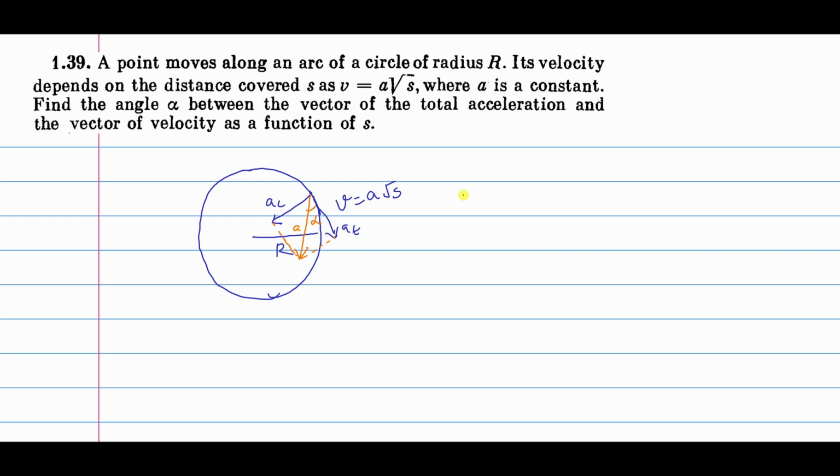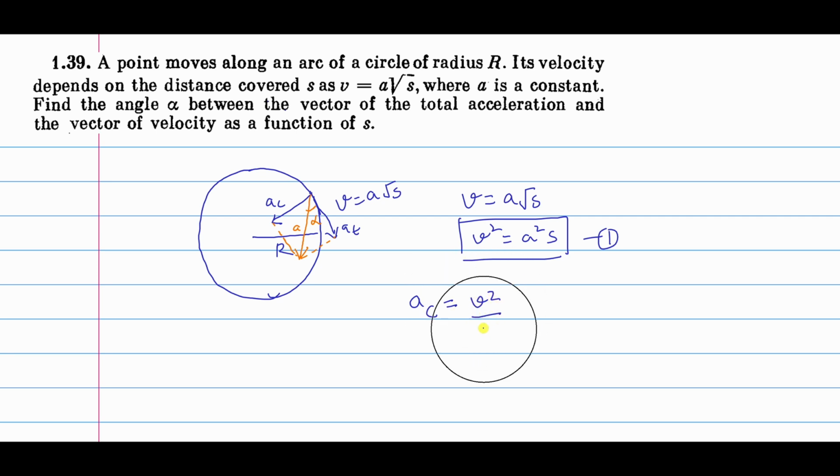Okay, so velocity is given as a under root s. Velocity square will be a square s. This is equation number 1. What we can do is find centripetal acceleration, which equals v square by r, and v square is given, therefore a square s by r.